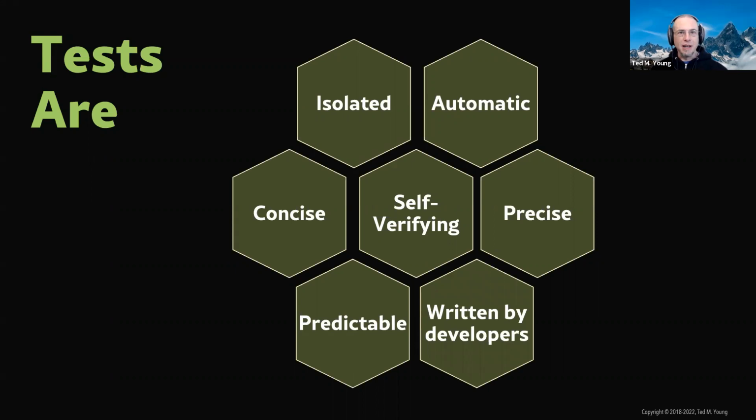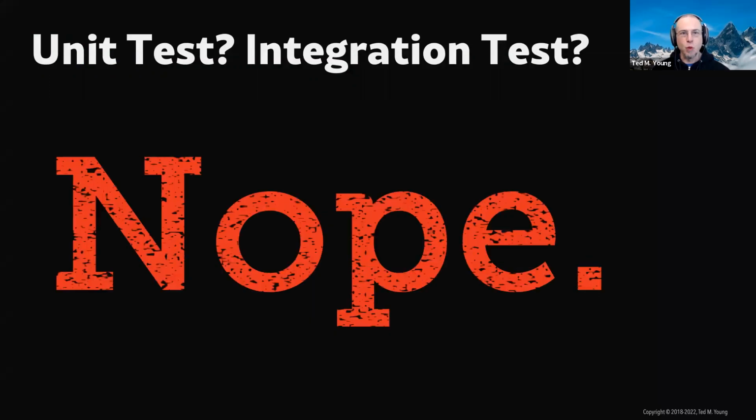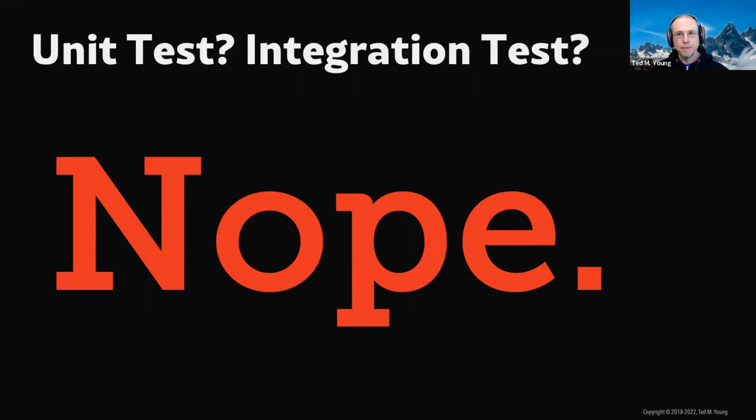Now, a lot of times people talk about two different kinds of tests: unit tests and integration tests. And one of the things that I've been doing is training myself to use neither one of these terms. For better or for worse, and mostly for worse, I don't find these terms helpful anymore.